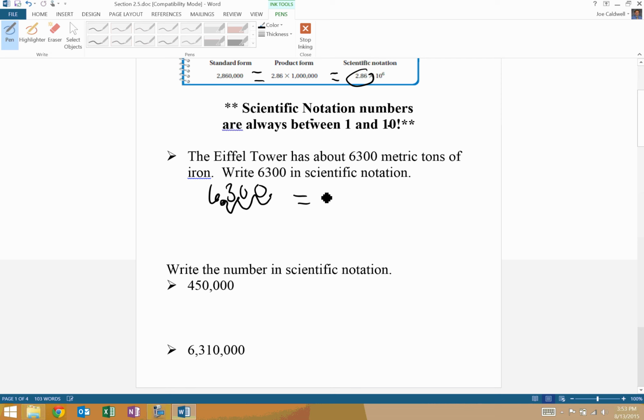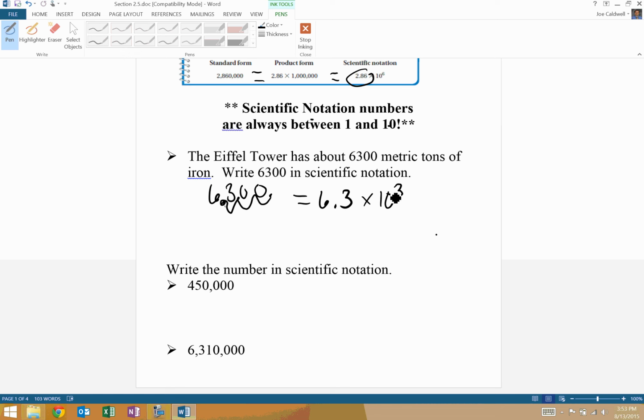So my new number is 6.3. To get it to equal the same thing, it's always going to be times 10 to the something, and we figure out that something by counting the number of times we move the decimal: 1, 2, 3 times. If I do 6.3 times 10 to the 3rd, I get right back to 6,300.